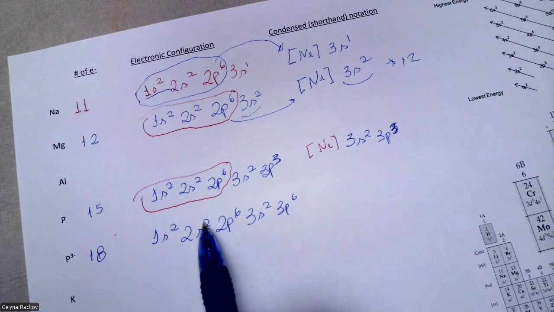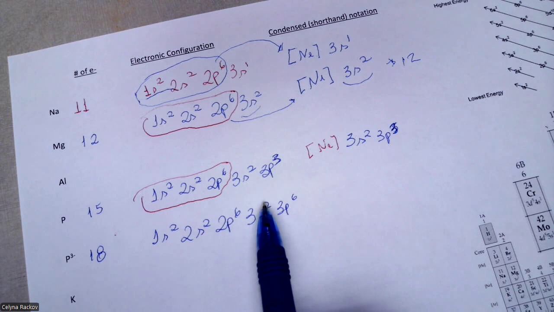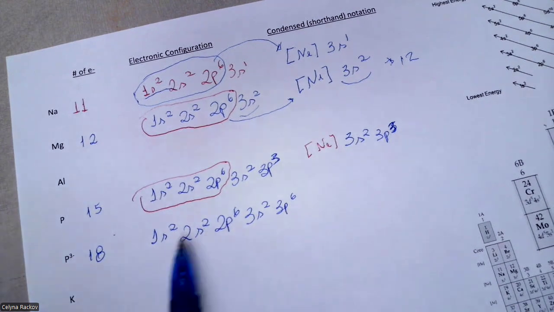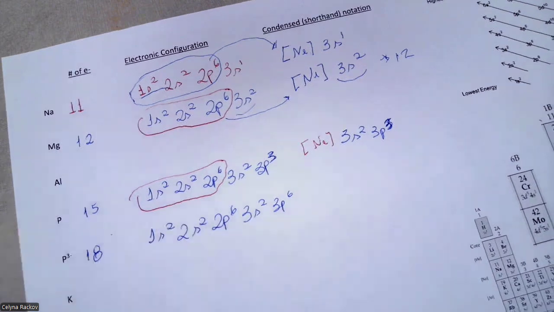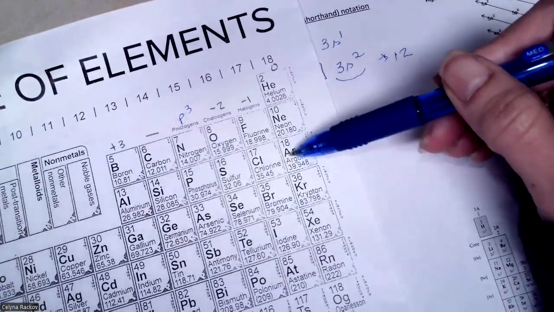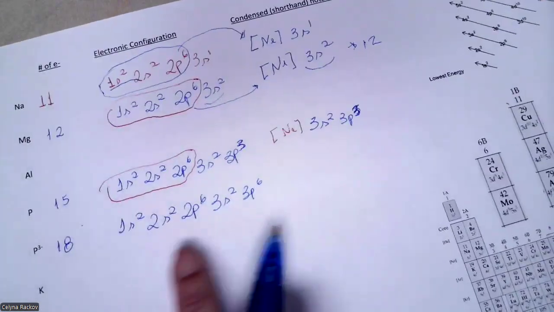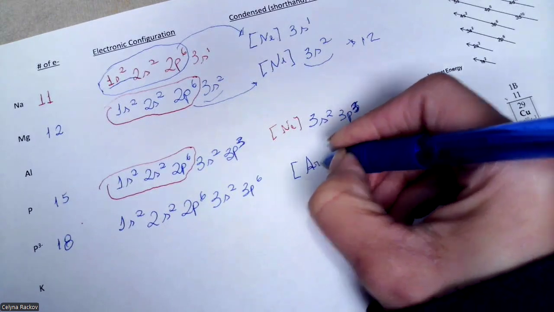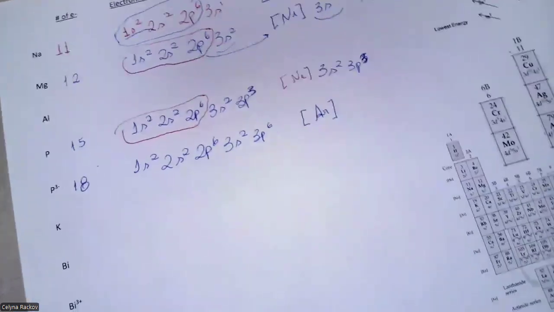So 2 plus 2, 4, plus 6, 10, plus 2, 12, plus 6, 18. Now you have 18 electrons. Which noble gas has 18 electrons? Argon, right? So for this ion, your noble gas configuration is just argon in brackets here.